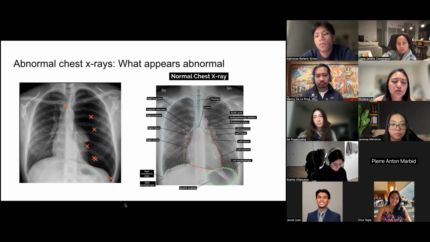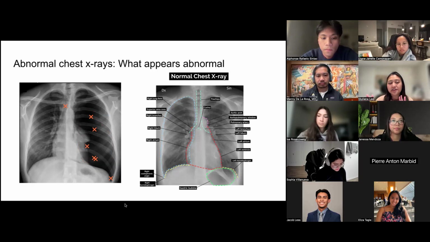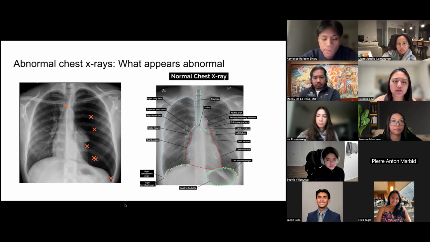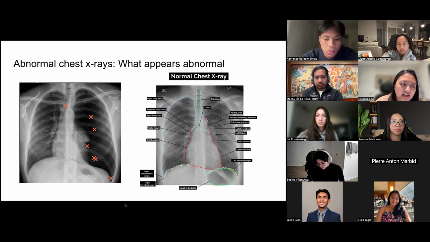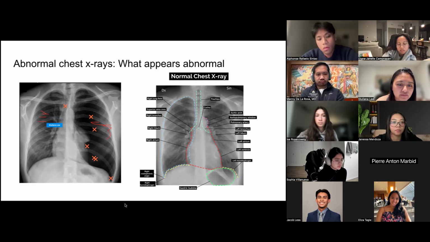I think what people are getting at is that it's very obvious that the left side doesn't look like the right side. And you're calling out some important differences, that maybe the diaphragm looks uneven or maybe it looks a little bit larger. But what's very clear is that what's happening over here is so black compared to the lines that you see over here.